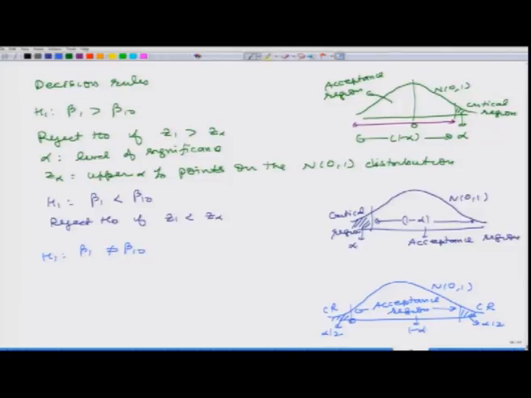These points are minus Z alpha by 2 and Z alpha by 2, because the mean lies in the middle. So in this case I would say reject H naught if the modulus of Z1 is greater than Z alpha by 2. This is how we are going to take a decision.